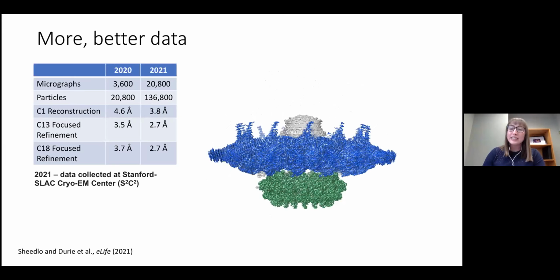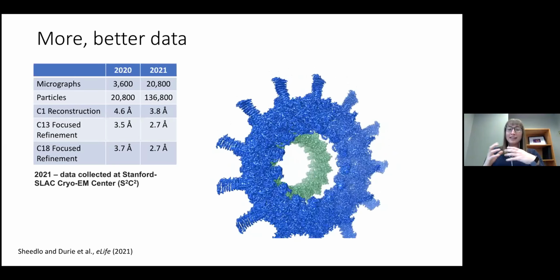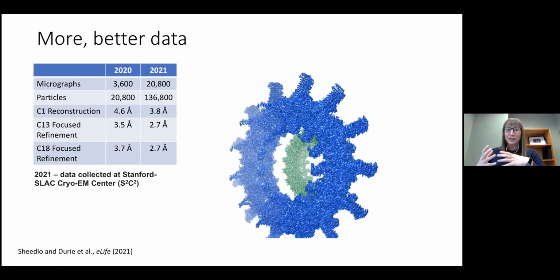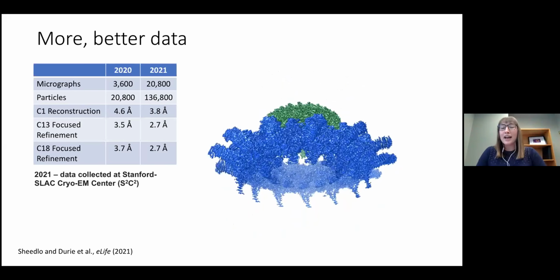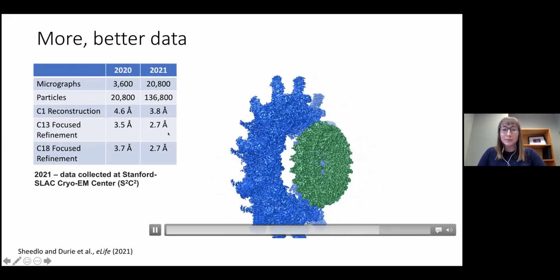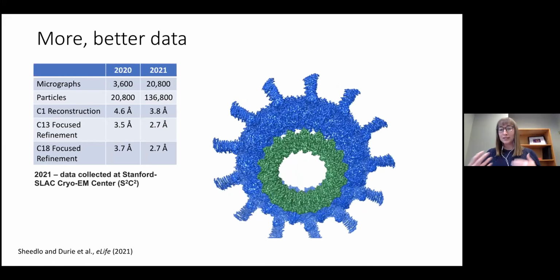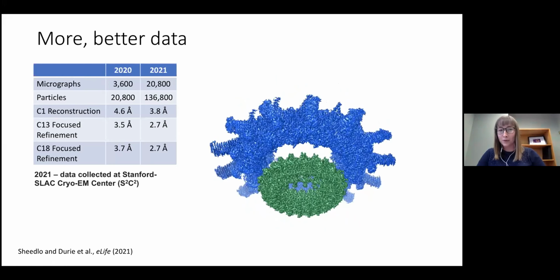So we followed a very similar workflow, doing focused refinements and really capitalizing on the high degree of symmetry in the different regions of the map. And as you can see, we were able to improve the resolution substantially to below 3 angstroms for the refinements where we were able to impose symmetry.